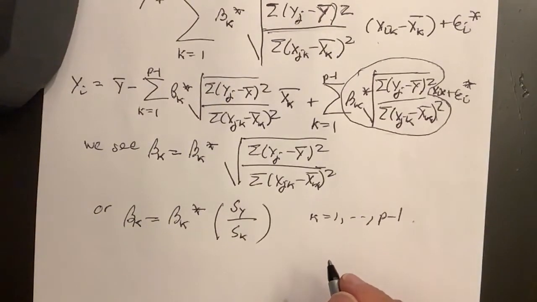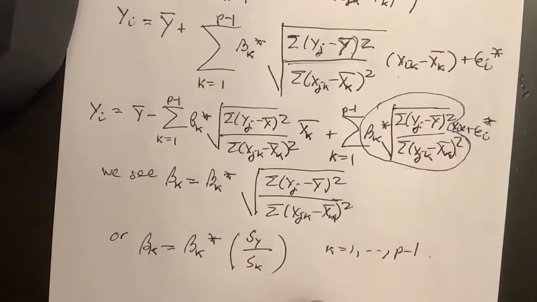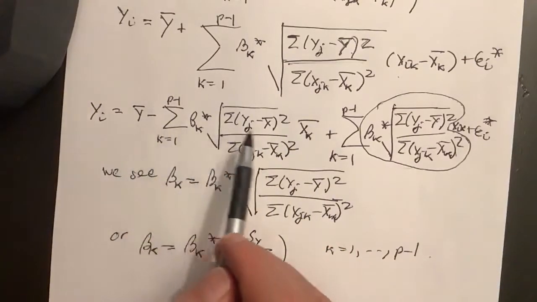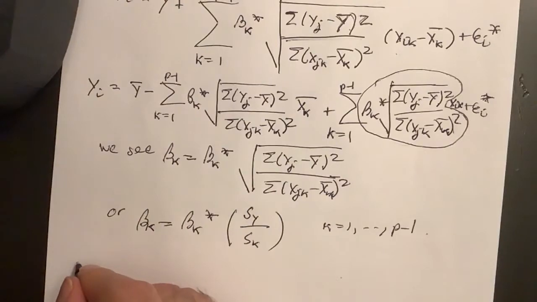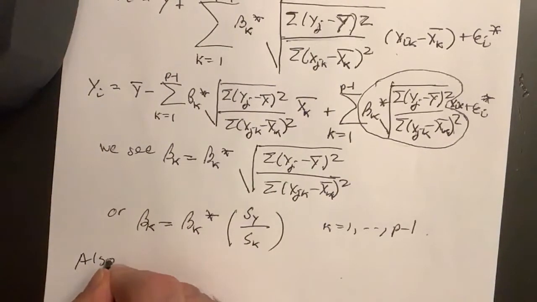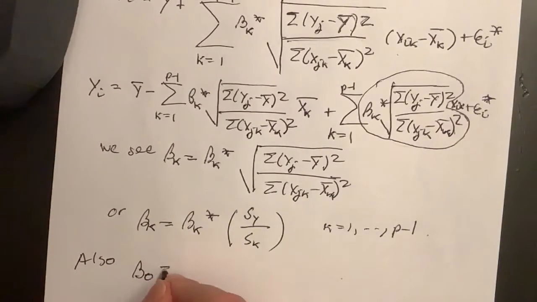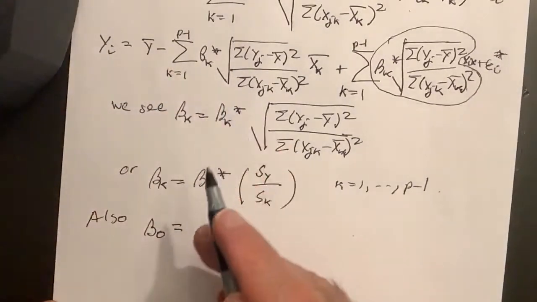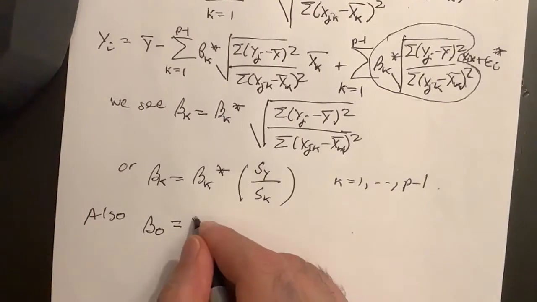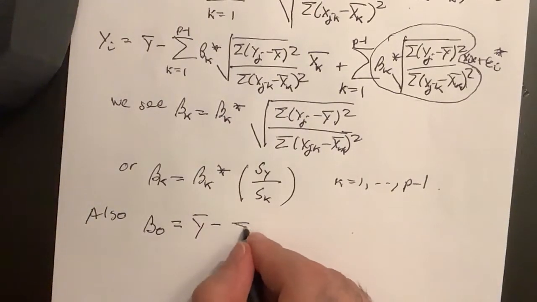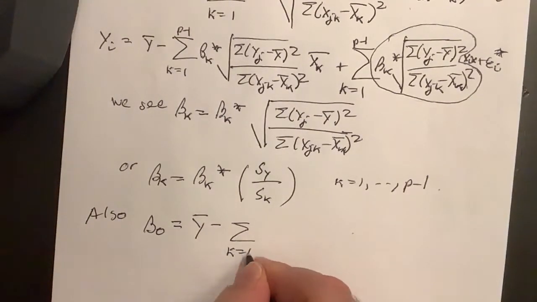All right, so now if I group the other terms, the first two terms here, I find my b0, right? So grouping the first two terms, beta 0, which should be the constant, is this. And this is not necessarily 0, but it is y bar minus the sum, k equals 1 to p minus 1.